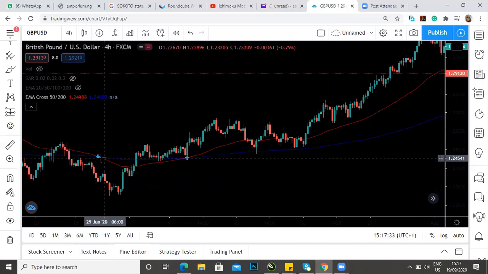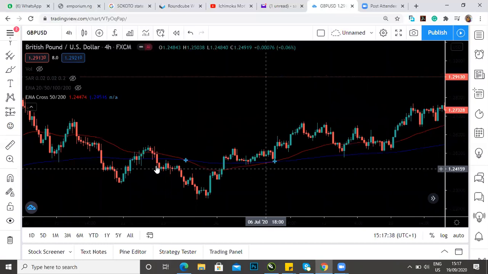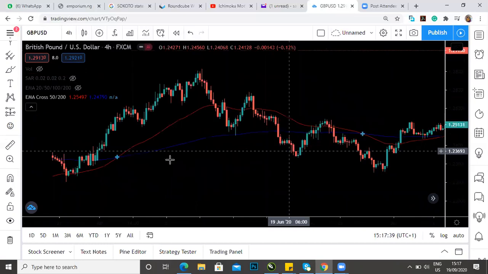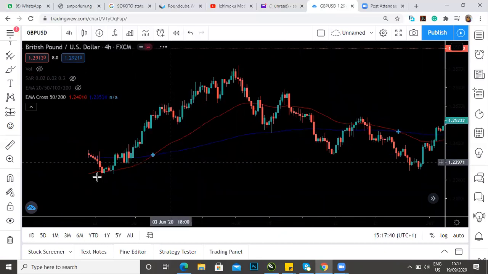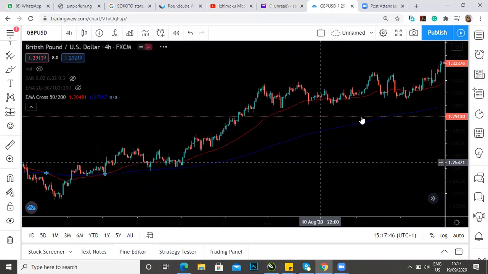So the new candle took it back up to continue the uptrend, which has been coming from here. So definitely, this is a golden cross.